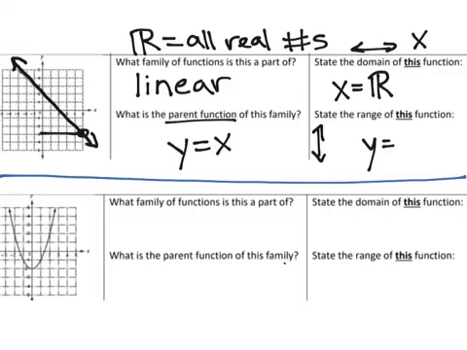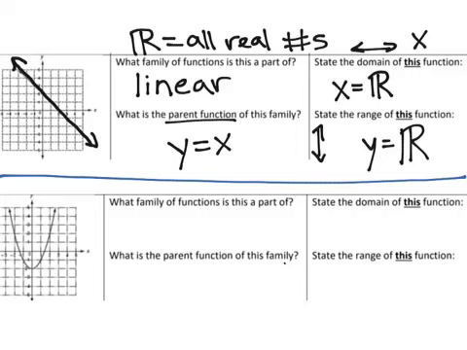If we went to -5, there'd be a point there, and so on forever. And then if we went up to +5, we could go left and find a point. If we went up to +50, there would still be a point over there to the left. So once again, y is going to be all real numbers.